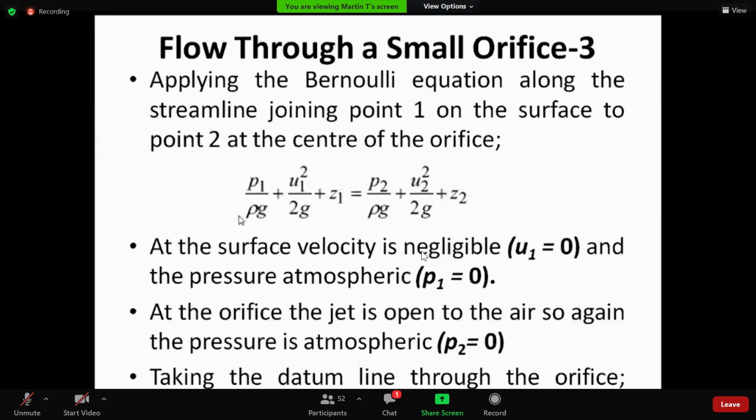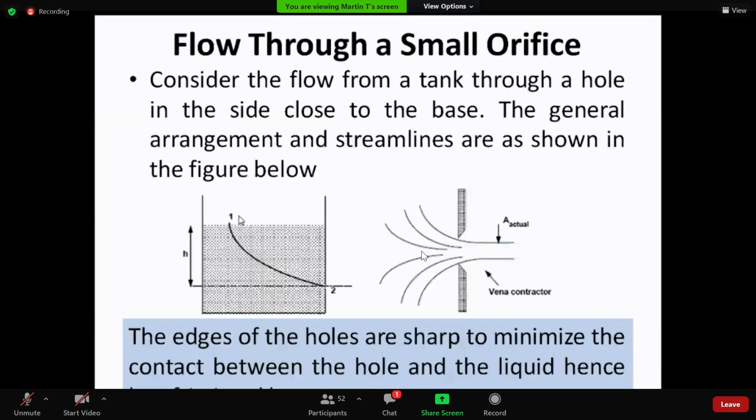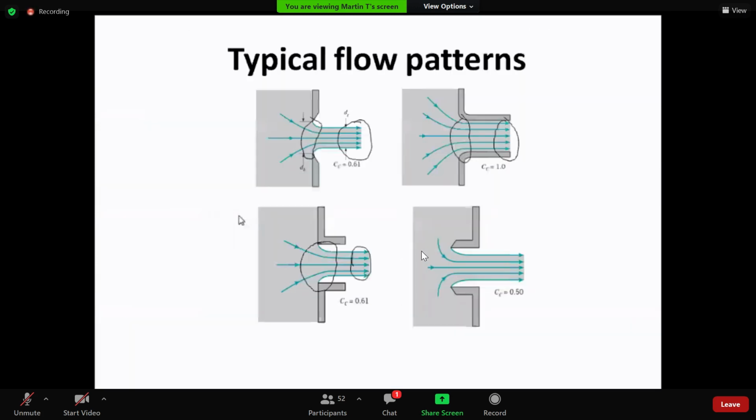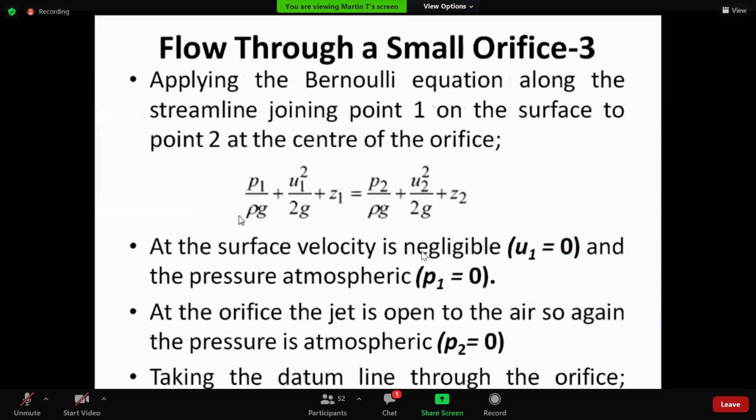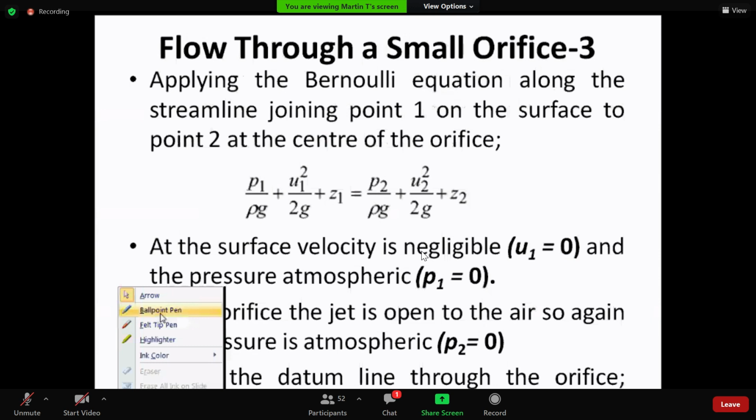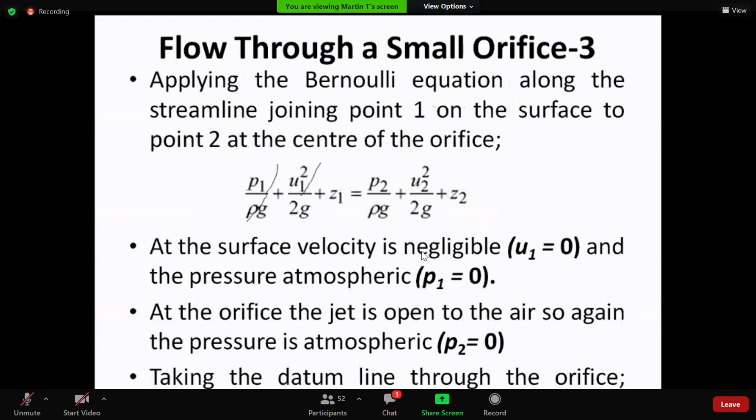Secondly, this water tank is open to the atmosphere, and since we are dealing with gauge pressures, P1 is also 0. So we cross out these terms and remain with Z1 equals P2 over rho g plus U2 squared over 2g plus Z2.